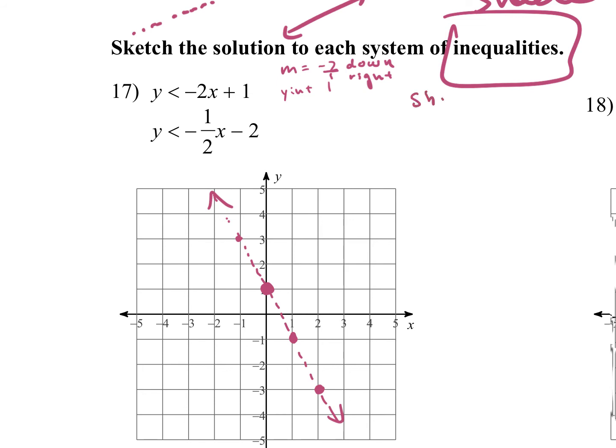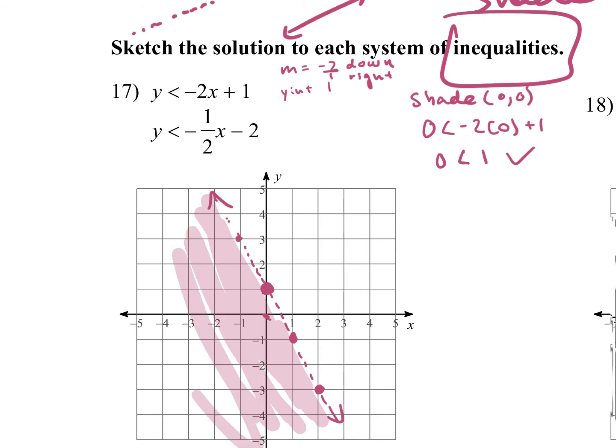So what do I plug in to see where I shade? I can plug in 0, 0 here. So I'm plugging in 0, 0 into my original equation. So 0 is less than negative 2 times 0 plus 1. So 0 is less than 1. Is this true? Yes. Yep, so where do I shade? Right, left. Where 0, 0 is, so that's to the left. Over here. So that's our first equation.